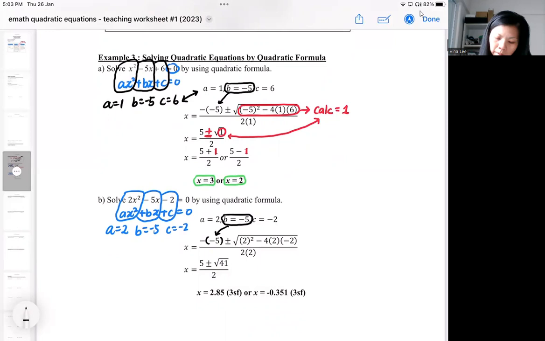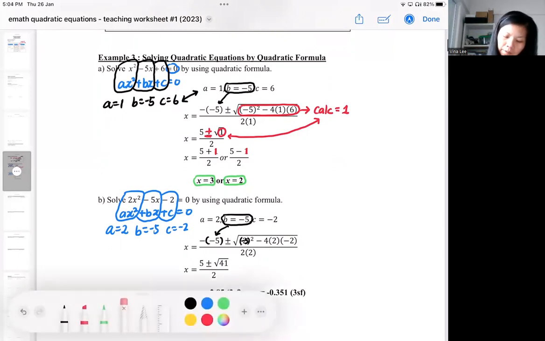Okay, I think this part I got a typo error. This one should be a -5. Let me see whether I pressed wrongly. I didn't press wrongly, I typed wrongly. So this part here should be a -5. Please make the correction.